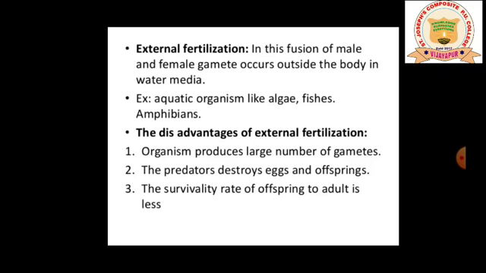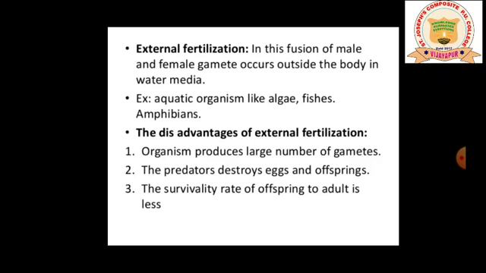So fusion has to take place. Male and female have to fuse. So fusion may take place outside the body of an organism, or it may take place inside the body. If it is occurring outside, it is called external fertilization, and the examples are aquatic organisms like algae, fishes and amphibians.